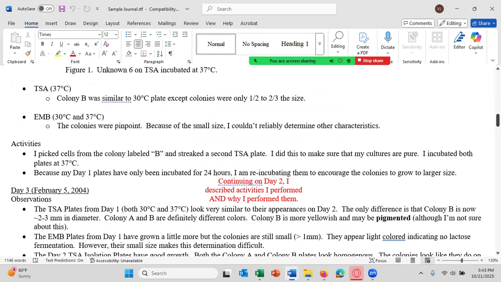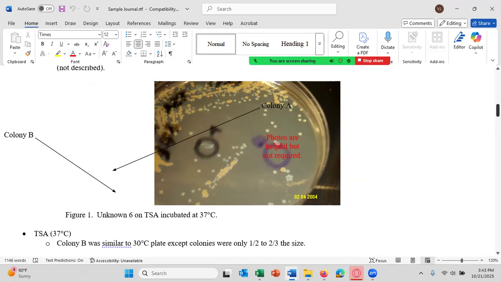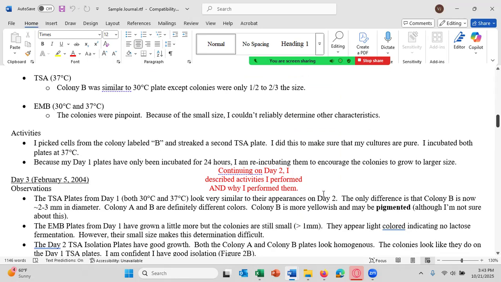And then any results he could have, like he could put on here that colony A is yellow in color and small, and what is that, convex? Colony B, which I don't have discussed here, is the white colony, so you could put that in, saying it's a small white colony. You could put in your conclusions.